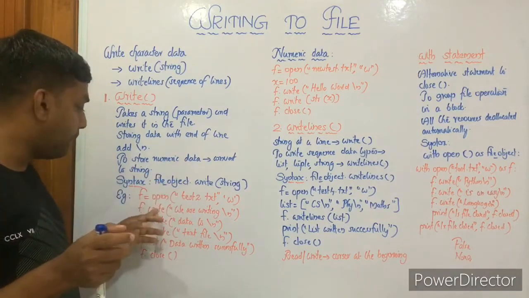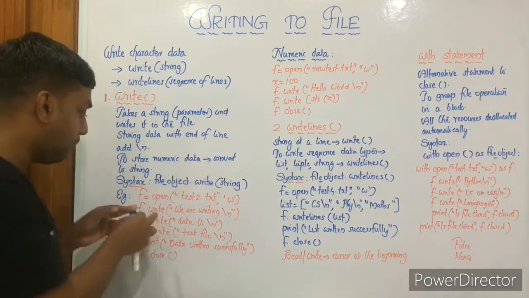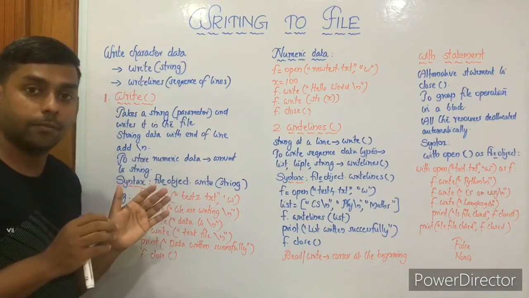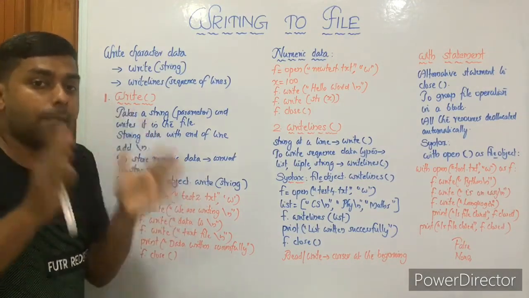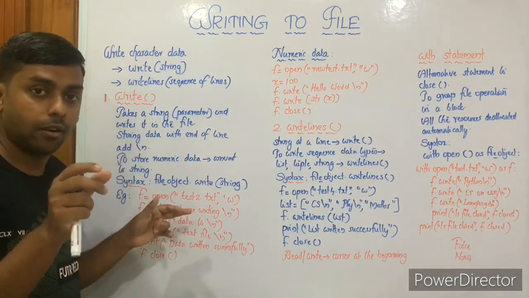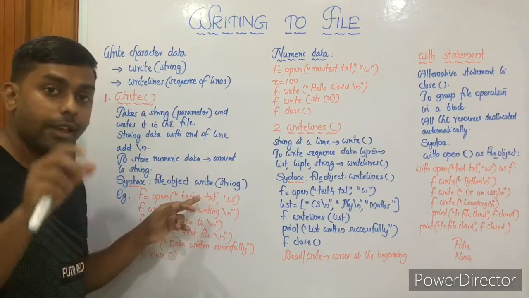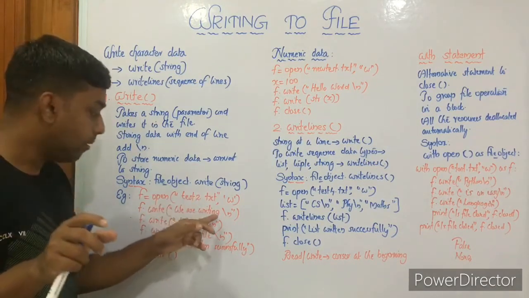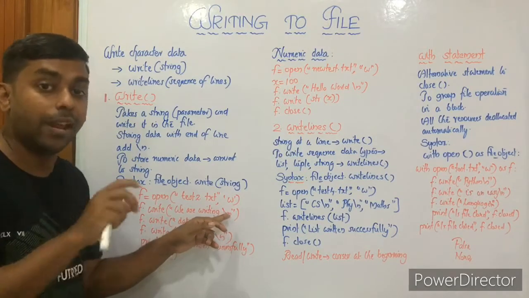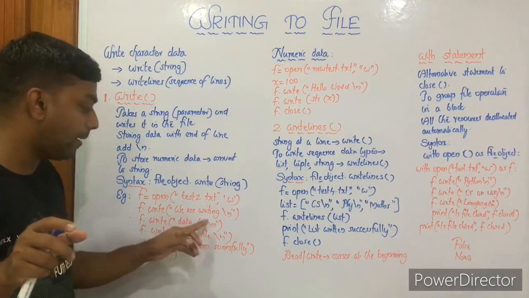Then f dot write, we are writing a string followed by \n. So what happens in the first f dot write is that it is written in the file test2.txt as the first line, because you can see \n breaks the line. Then we have the second line, f dot write data2.